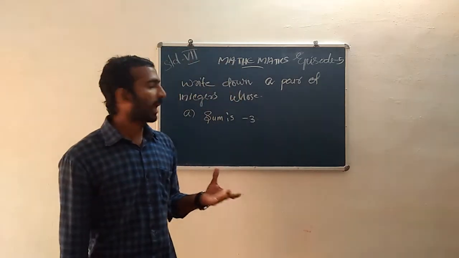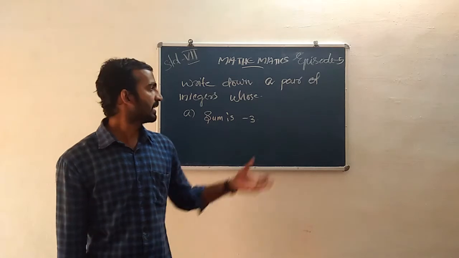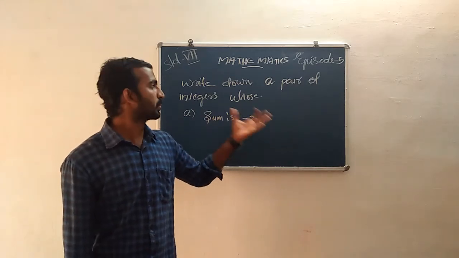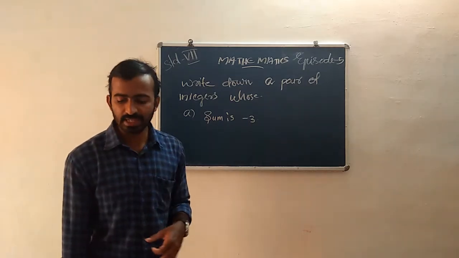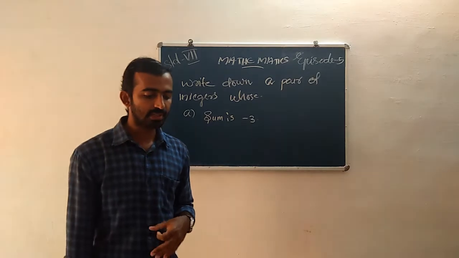What is our question? We want a pair of integers such that when we add these two integers, we get the answer negative 3.